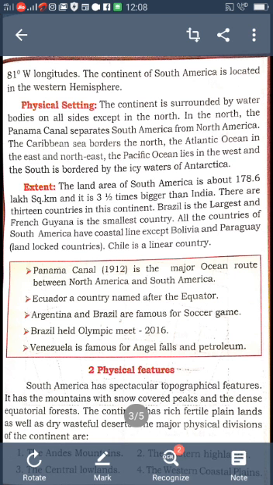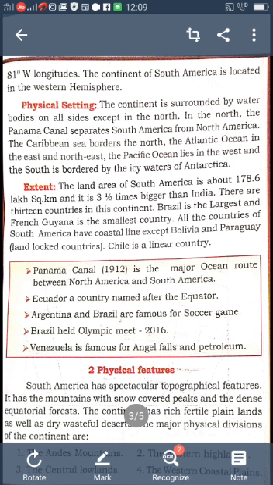What do you understand about the Andes mountains? These are the longest mountain ranges in the world. What is the distance? 6,440 km along the Pacific coast. So many earthquakes and volcanoes occur here. Understood? What is the height of Mount Aconcagua? 6,960 meters.